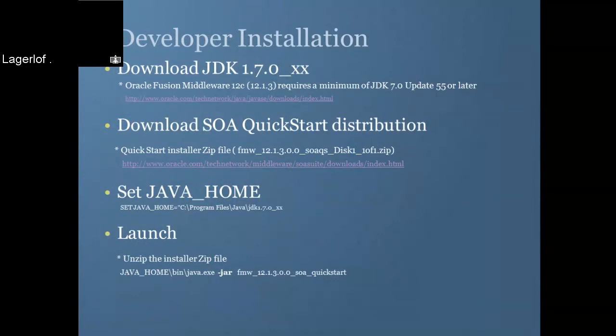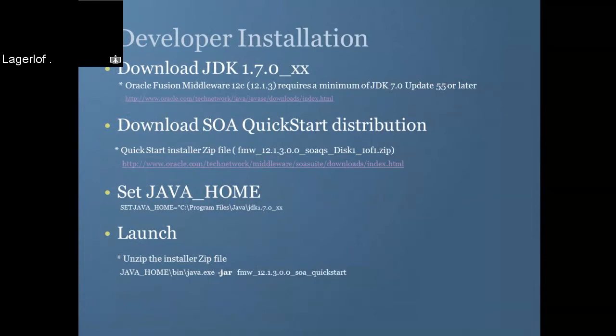In the prior version, like 11, you could install JDeveloper standalone. But to do any integration projects, to do any SOA components like OSB, BPEL, rules, you have to have a SOA quick start distribution. With that, you will get the JDeveloper in it. So this is the zip file you're going to download, and you have to unzip it after you download.